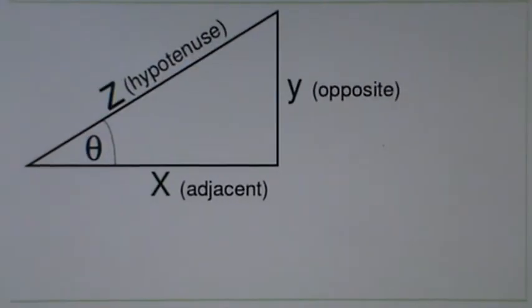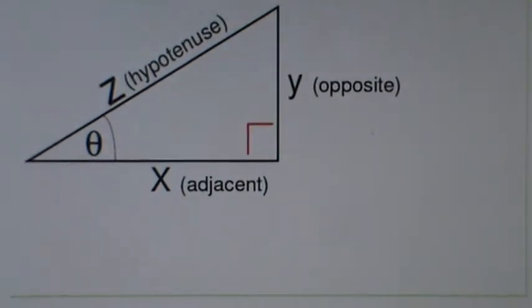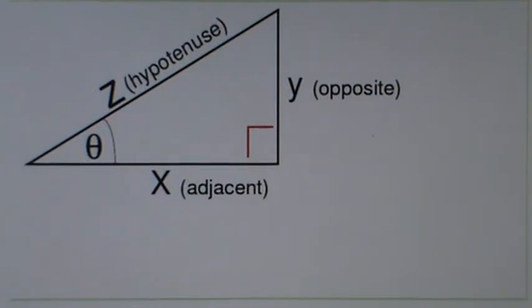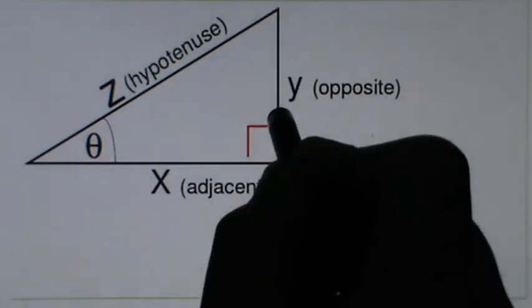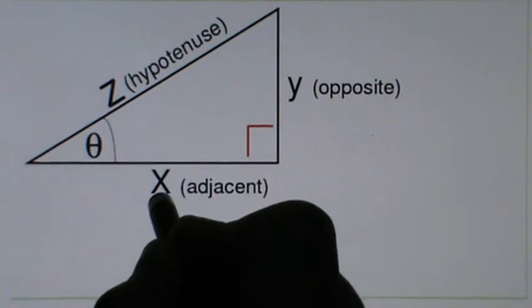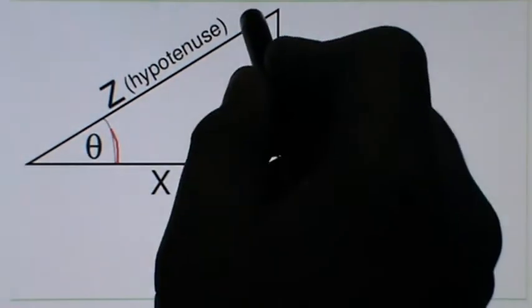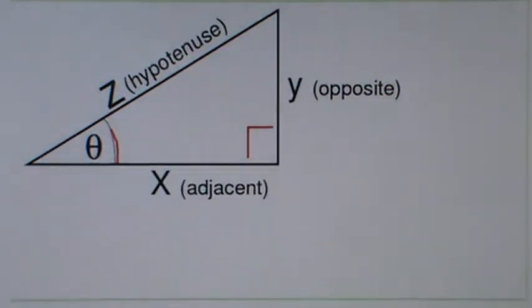Before we do that, let me remind you again about the right angle triangle. Now we have a right angle triangle like this. So this has opposite side y, adjacent side x to the angle theta here, and then the hypotenuse z.